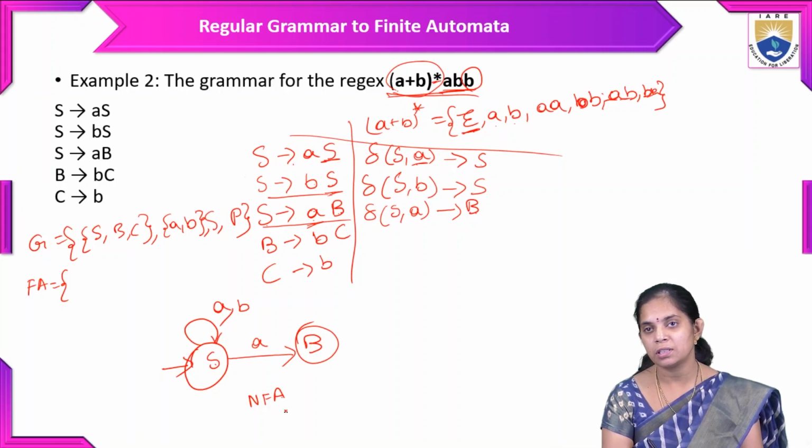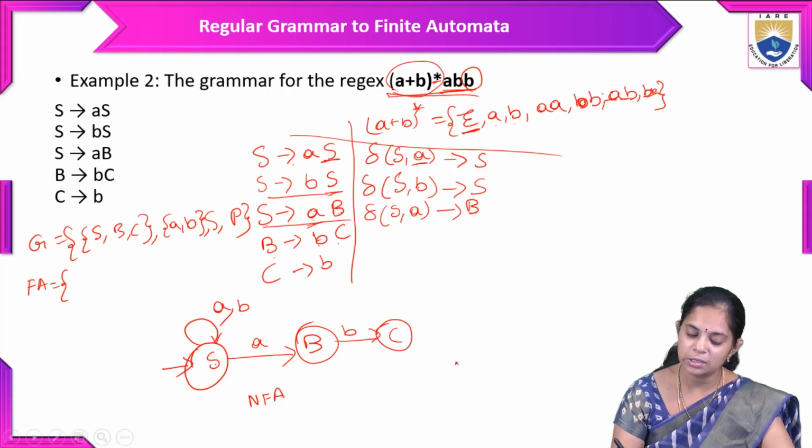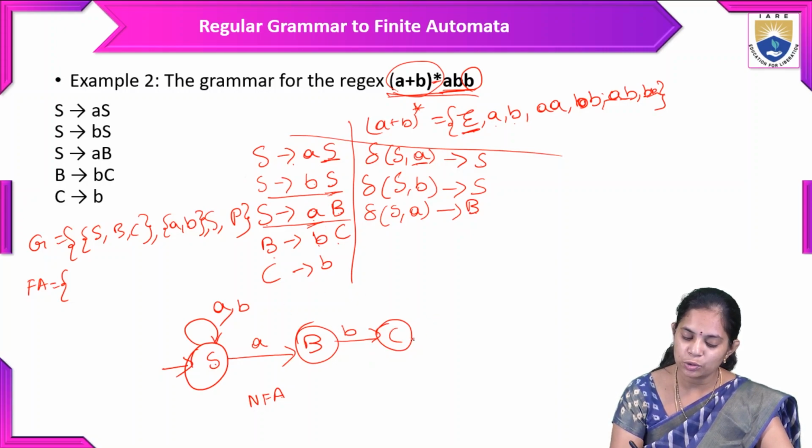So now we are constructing the given grammar into a non-deterministic finite automata. After this, B tends to bC. From the B state, if you give B as an input, it reaches the C state. And here we have C tends to b.